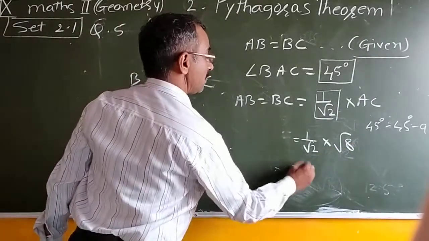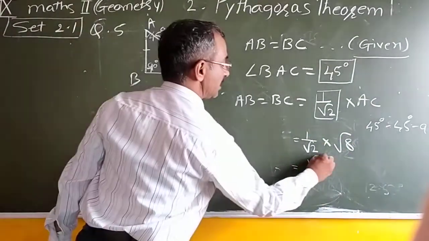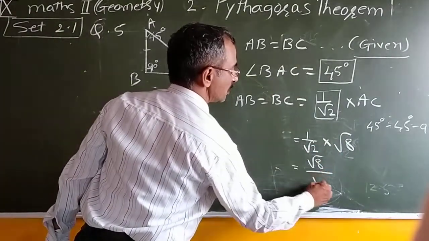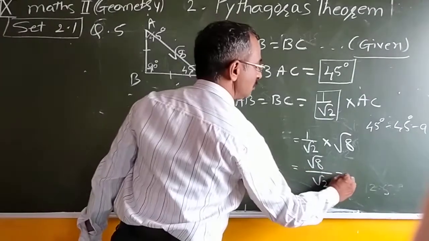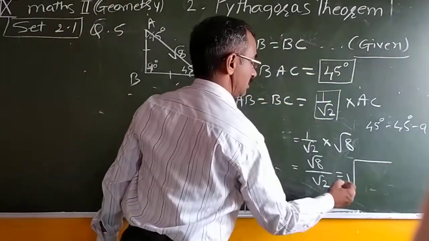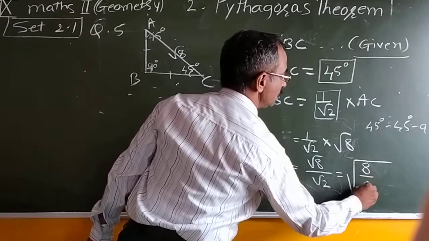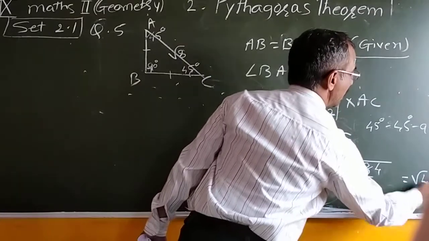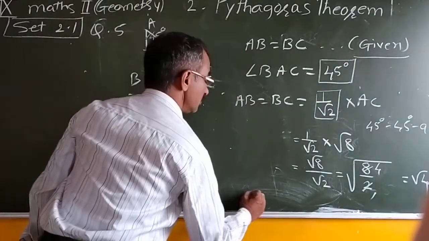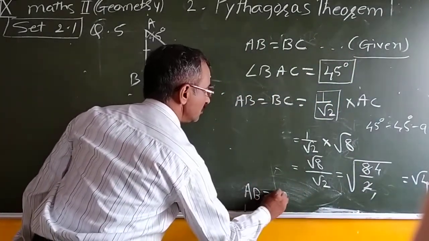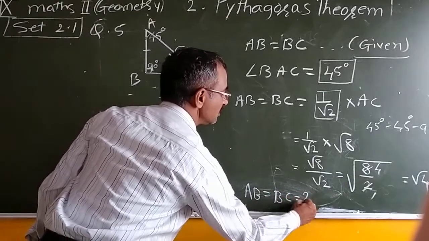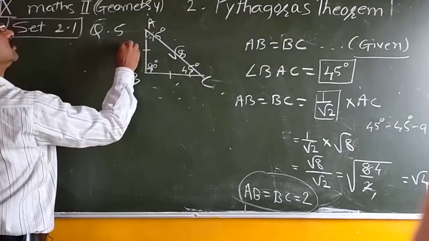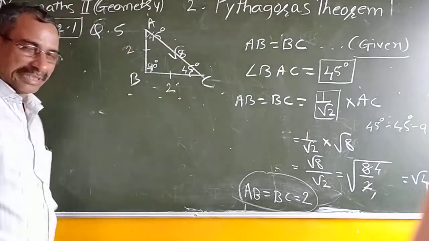Both are in the root, so we write root 8 divided by root 2, and both are under a root sign, so we take them under one root: root of 8 upon 2. 2 fours are 8, means root 4, and root 4's value is 2. So we get the answer: both sides have length 2 units.